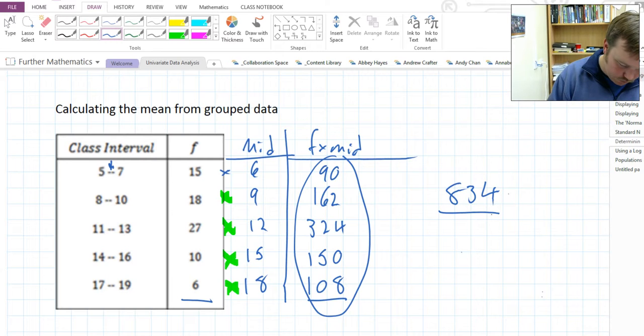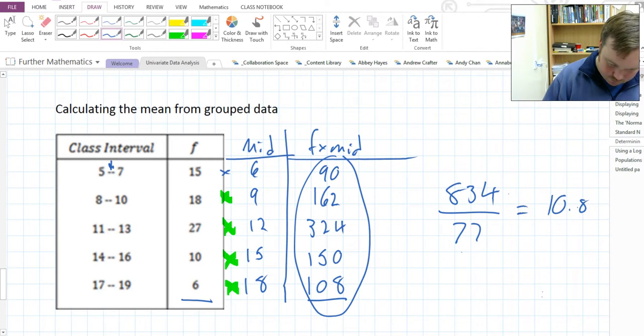Sorry, where are we going from? Plus 6. 77. 834 divided by 77 is 10.8. Alright, so for us here, we expect the mean to be somewhere in the histogram of 10.8.